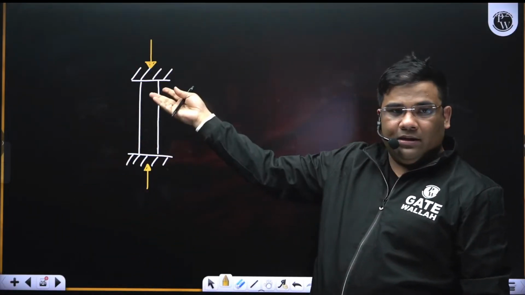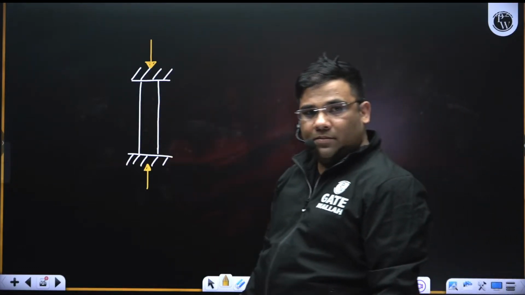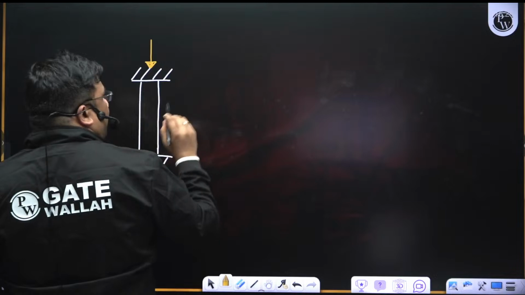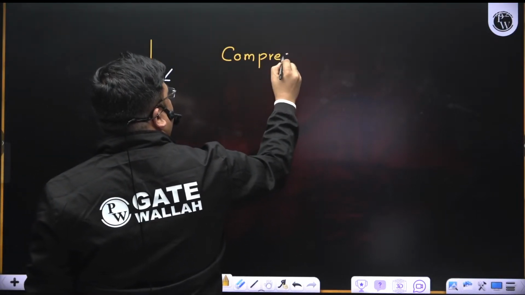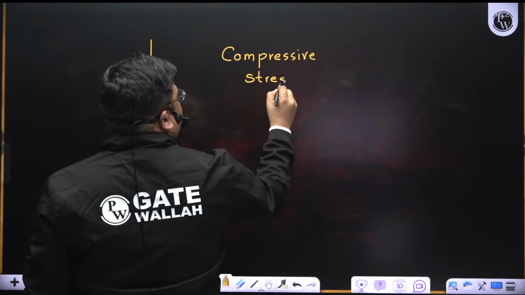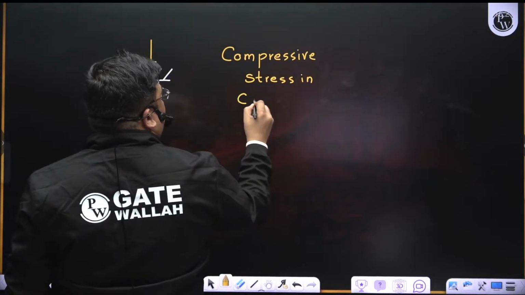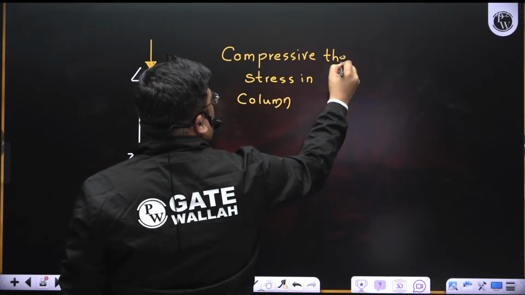It cannot expand. That means first, there has to be development of compression in the column, right? So now, what is the compressive stress in the column? This will be compressive thermal stress in the column.